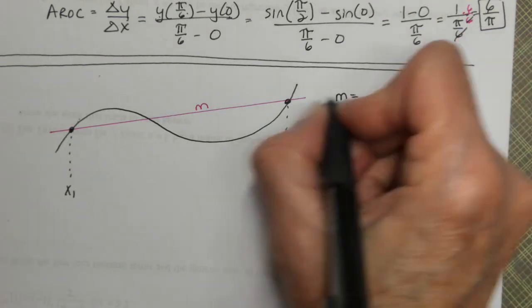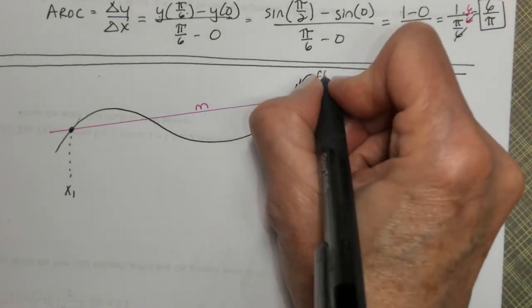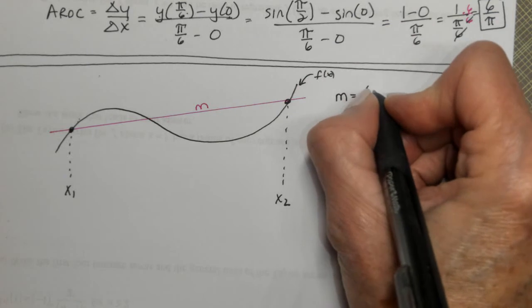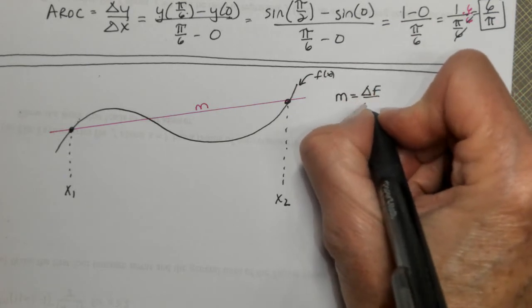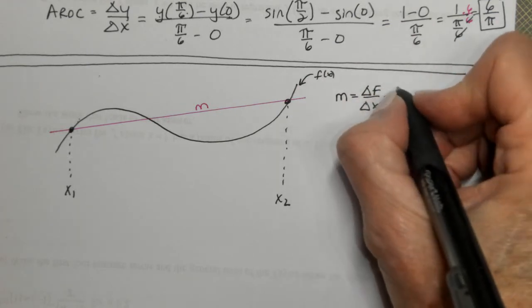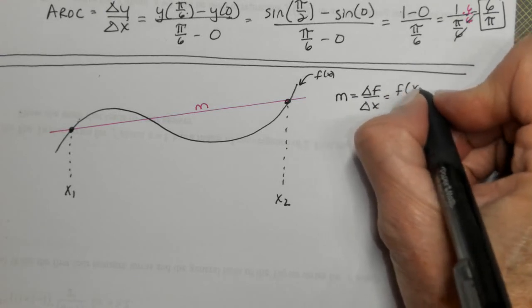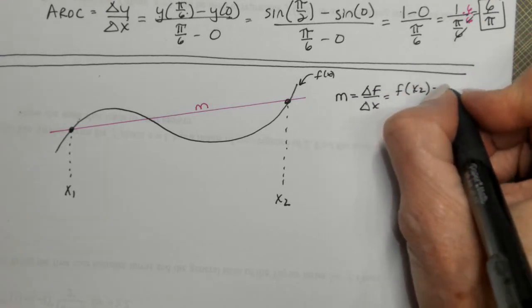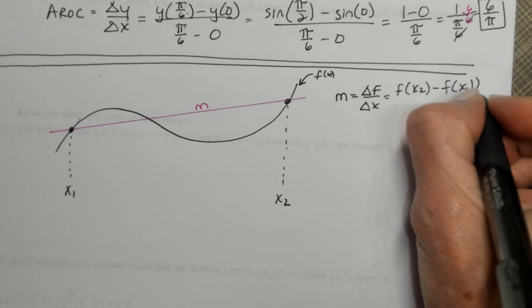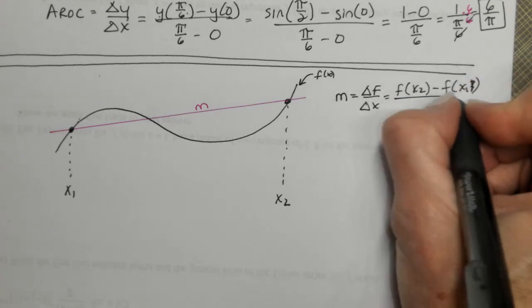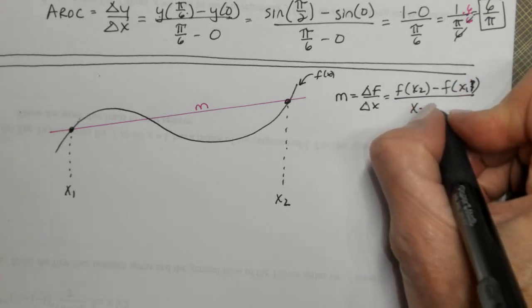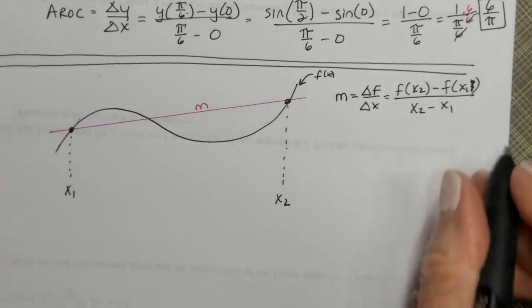If I call this function f, it would be change in f over change in x. That would be f at x sub 2 minus f at x sub 1, divided by change in x, x sub 2 minus x sub 1, right?